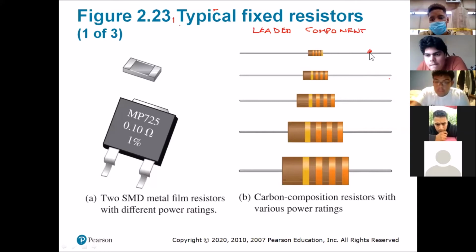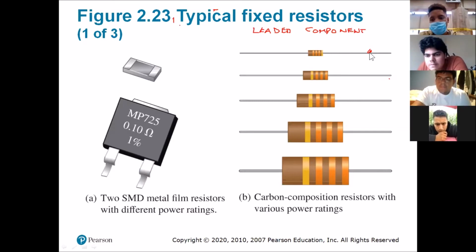All right, so this is what they call a proto board. It's a plastic board that's got some metal contacts, and they're in rows of 5.